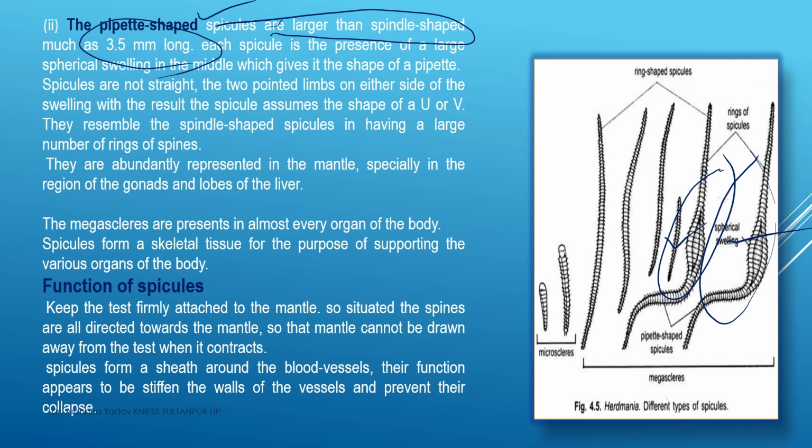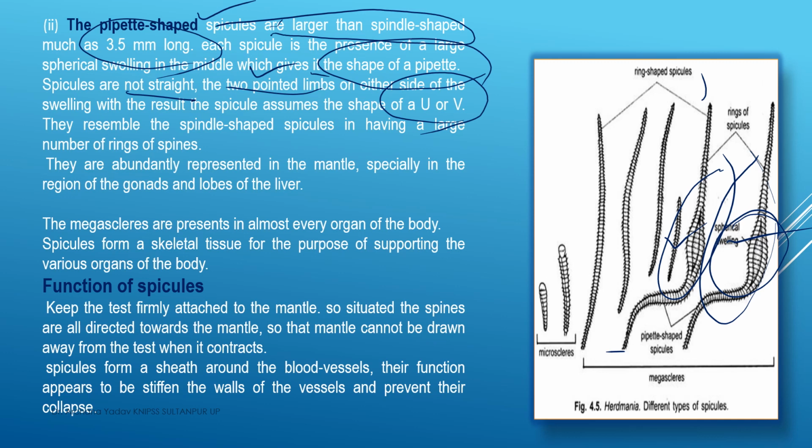The spicules have a large spherical swelling in the middle, so it gives the shape of a pipette. The spicules are not straight and have two pointed limbs. One is this and second is this. So they have the two pointed limbs on either side of the swelling, resulting in a different type of shape, like U, like V.